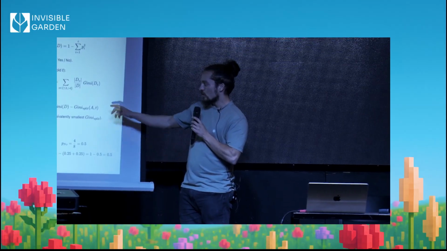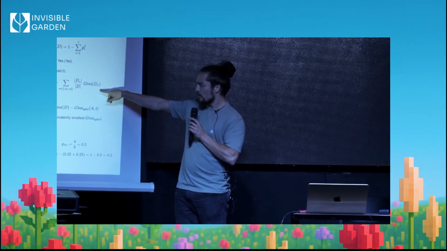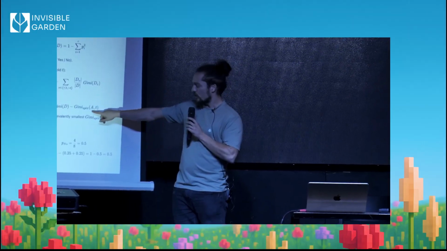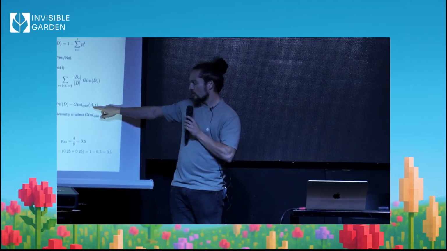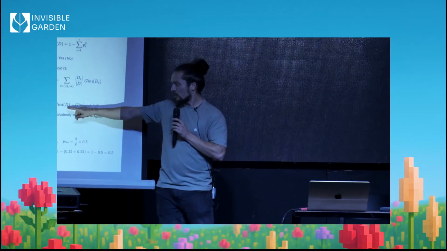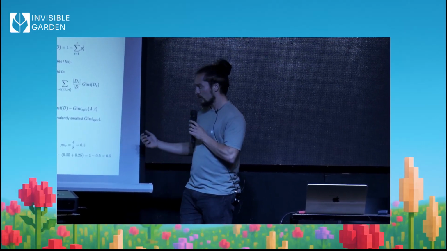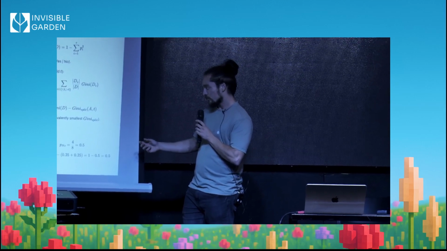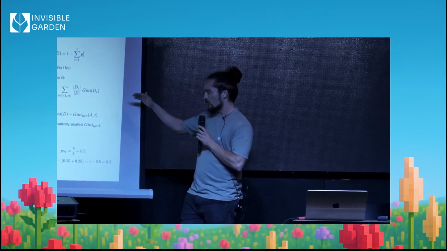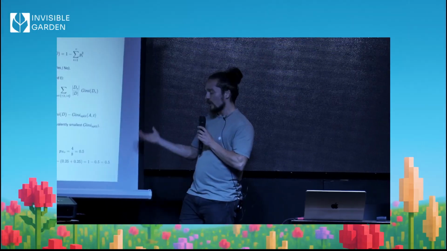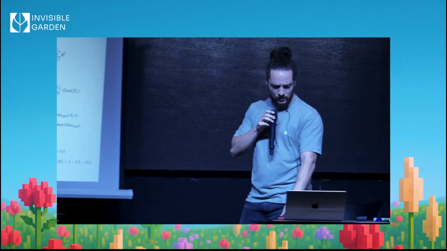And so once you have this weighted sum, you subtract it from the original Gini, and that gives you the gain in the Gini impurity. And so we're going to choose the cut that has the largest gain in Gini impurity. So let's take a look at an example.